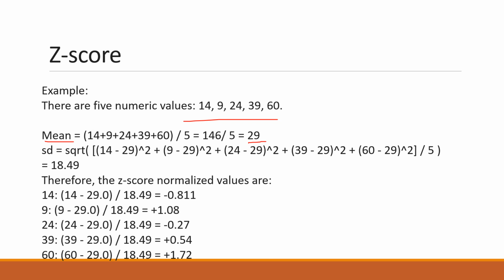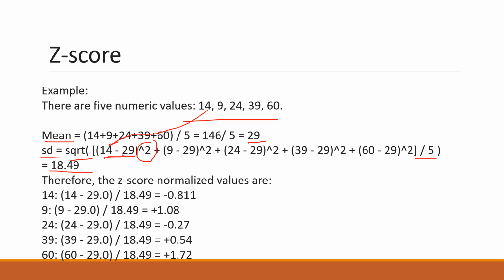Then we calculate the standard deviation, which is the square root of the sum of each value minus the mean, all squared, the second value minus the mean squared, and so on, all divided by 5. So the standard deviation is 18.49.